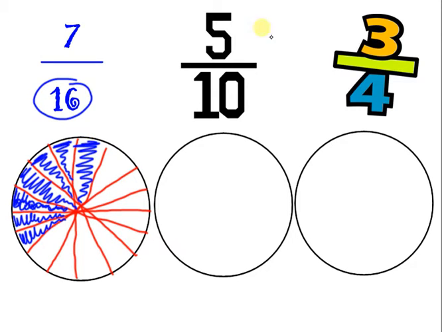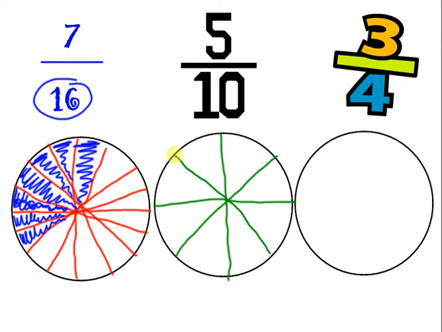All right, over here we have 5/10. So we're going to go ahead and separate this into tenths here. And again, it's for sure not going to be perfect. So that's 1, 2, 3, 4.